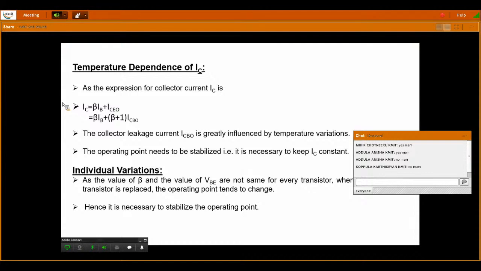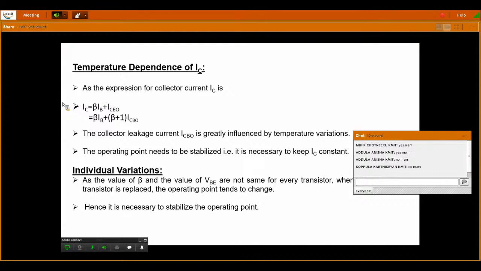When the junction temperature increases, covalent bond rupture can take place. That rupture of covalent bonds can free some charge carriers, and those free charge carriers can again collide with another atom, which releases further free charge carriers. This cumulative increase will increase the amount of collector current due to temperature.